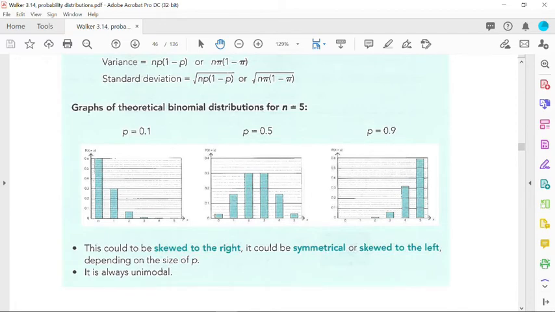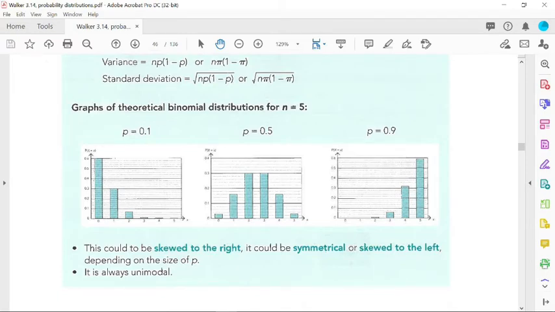Unlike Poisson distributions, which were always skewed to the right. Remember, Poisson distributions are always the biggest numbers first, and then they get smaller and smaller and smaller until they get to nothing, right? So unlike those, binomial distributions can be skewed to the right, skewed to the left, or they can be symmetrical.